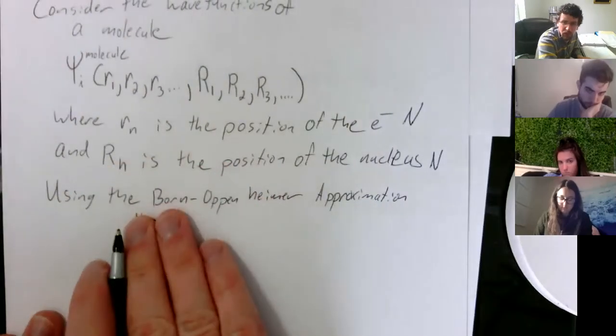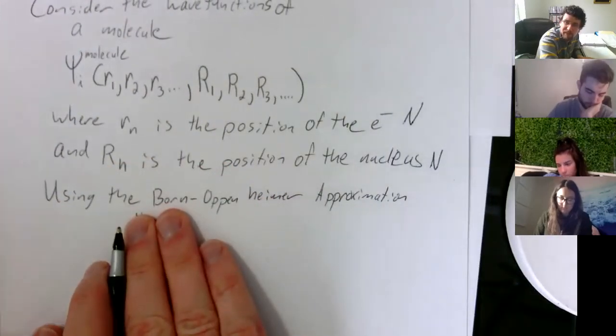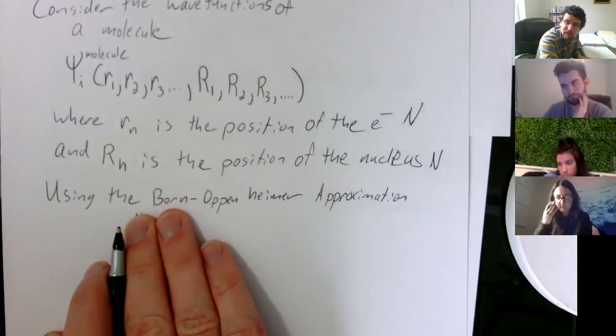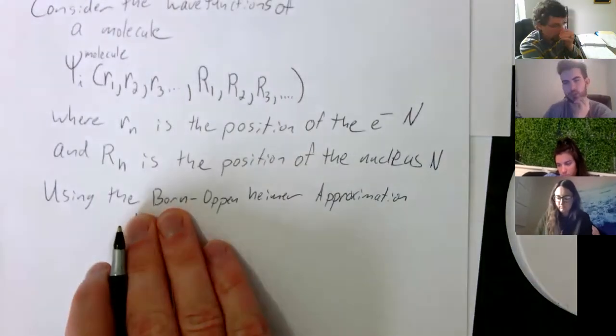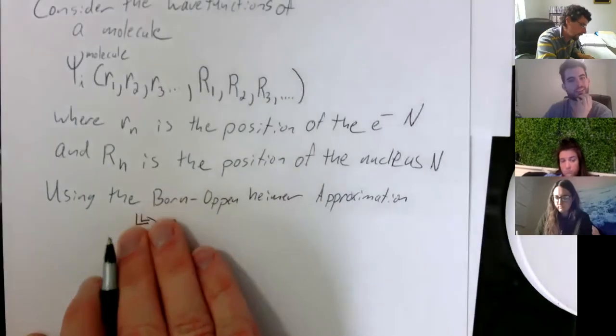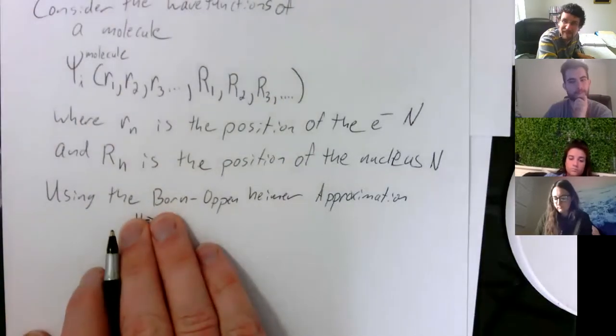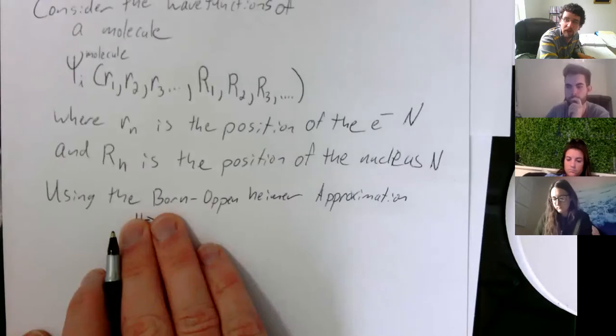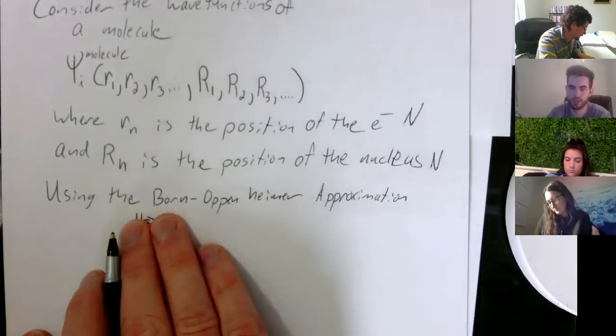So what does the Born-Oppenheimer approximation say? Do you remember? It has to deal with rest mass versus not. It has to deal with masses. It also has to deal with motion of electrons and the motion of the nuclei. Oh, the nuclei motions don't matter.